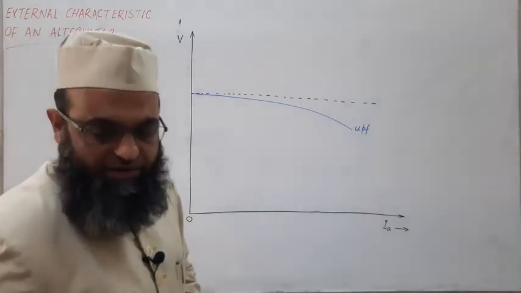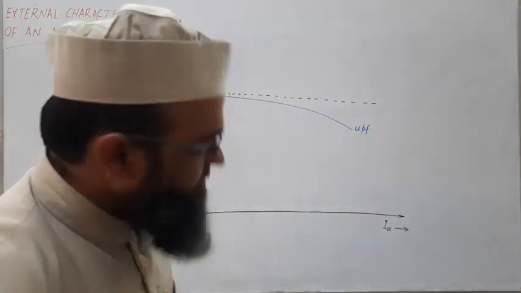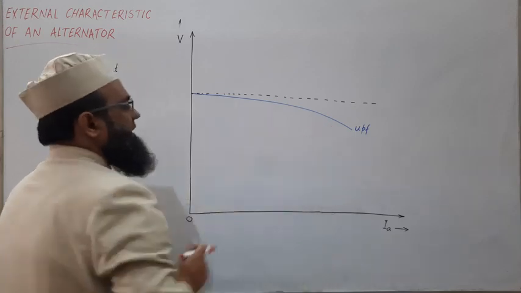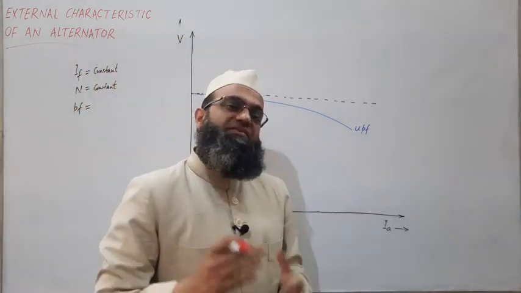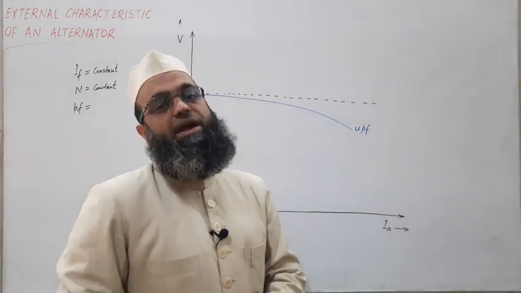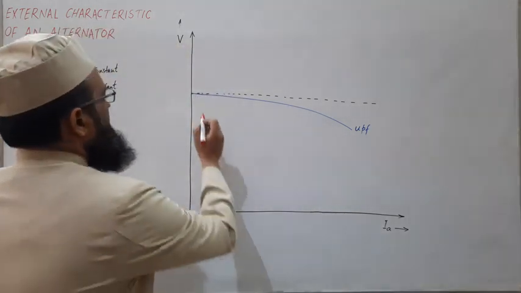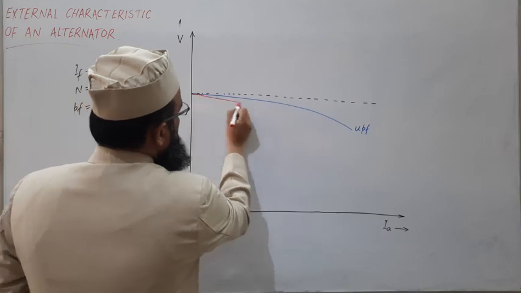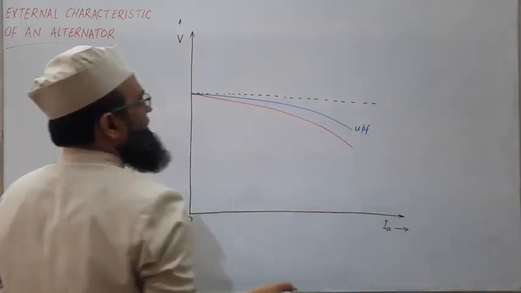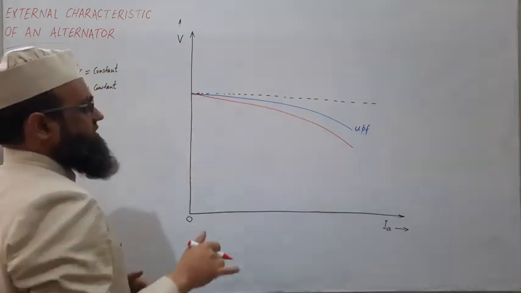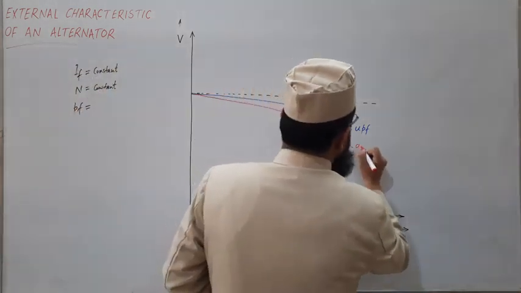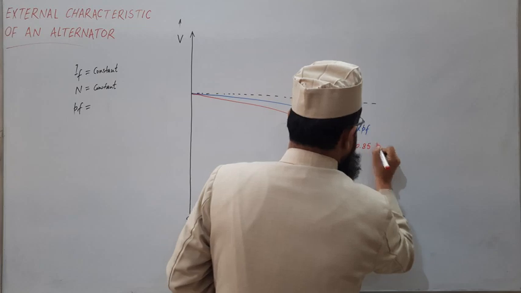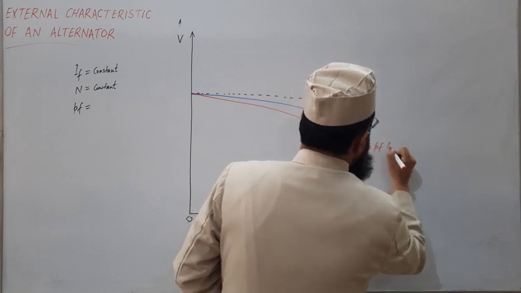If our power factor is lagging, then its effect will be a mixture of demagnetizing and cross magnetizing. So again it will be like this, down of this curve, decreasing. Let us take any power factor, let us say 0.85 power factor lagging.